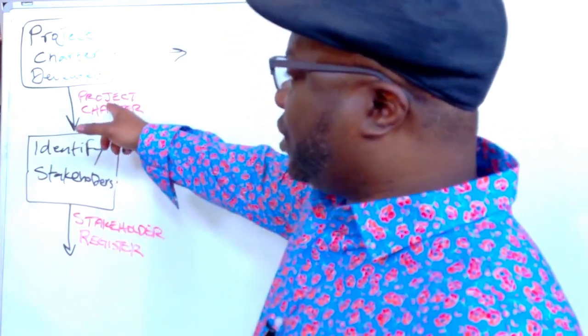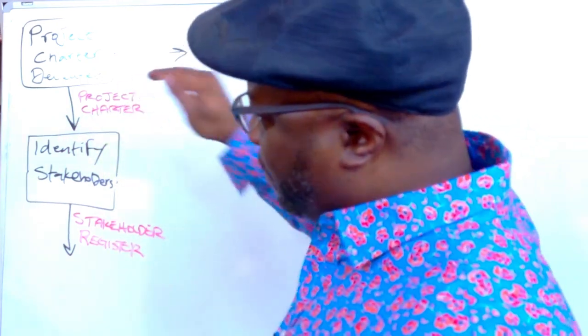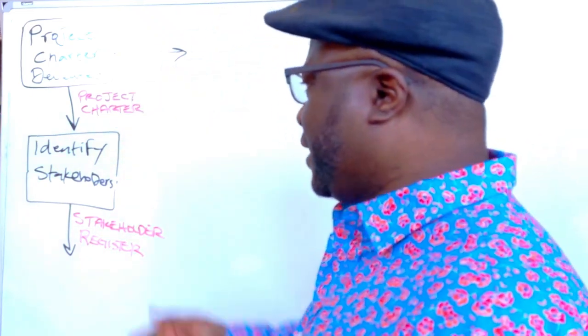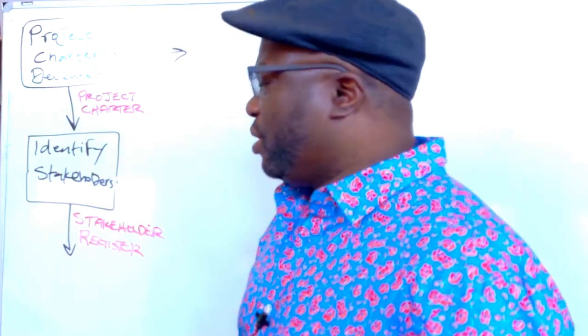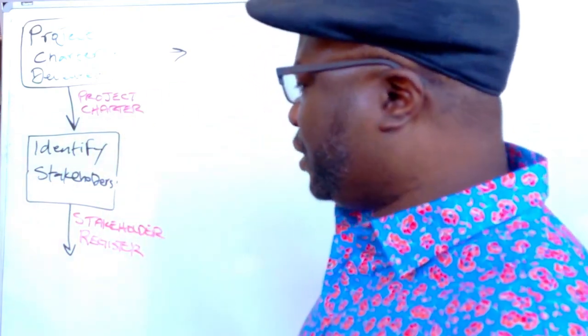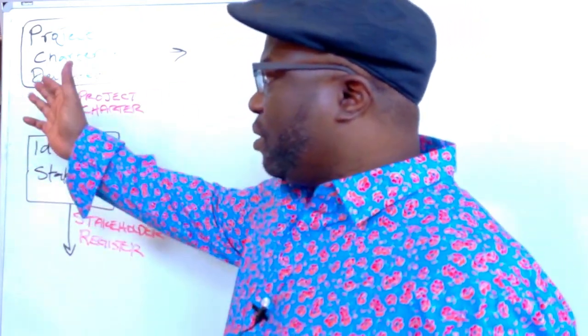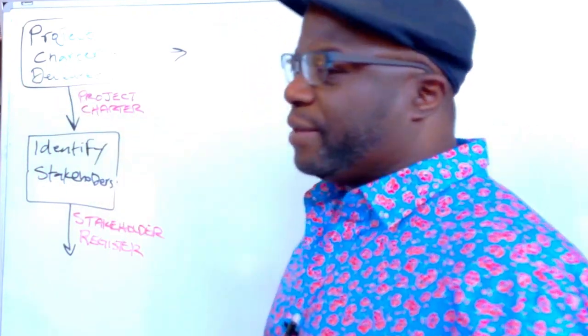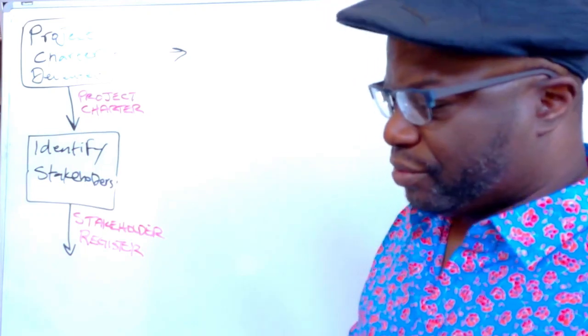As we develop this project charter, we're going to have inputs from other places coming in here, such as a business case, a benefits management plan. All of those are going to help us to create our project charter and make it make sense.